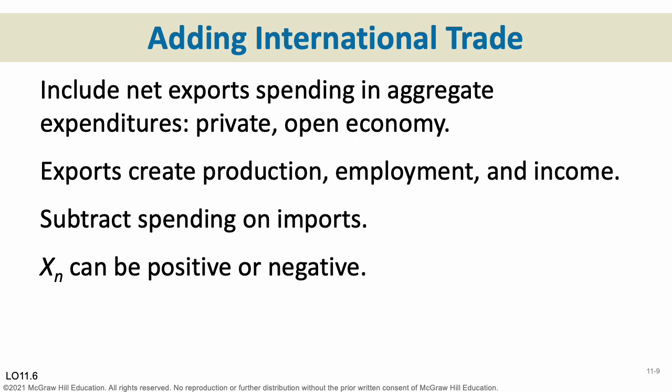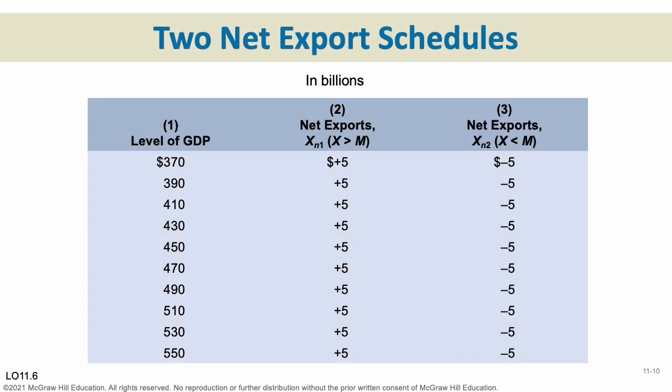So in this case, XN can be both negative or positive, and it'll be subject to the multiplier as well. If we look here, we can have two cases, one where exports are positive and one where they're negative. And trade is usually, once again, independent of GDP as well. So at all of these levels of GDP, we can either have positive or negative trade.